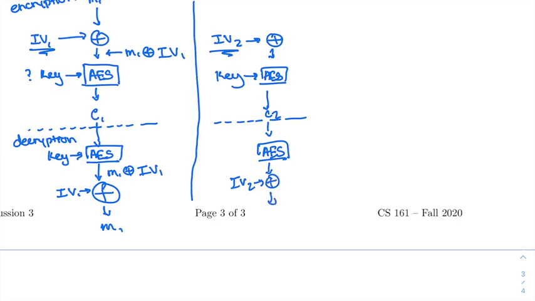So the trick here is, can you think of a message to plug in here where the output would correspond to the block cipher output for the previous value? When we talk about the previous block cipher, we're referring to this one here. So if we plug in a value here, that will give us back M1 XOR IV1.